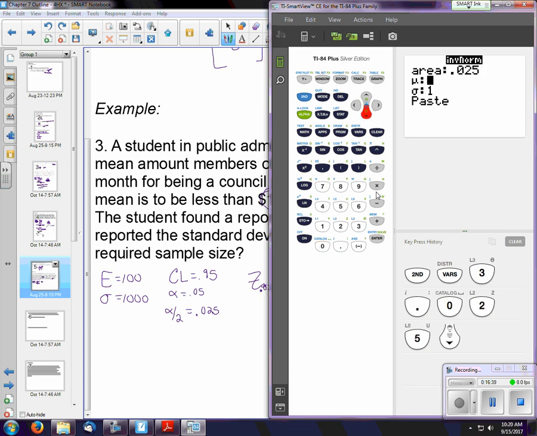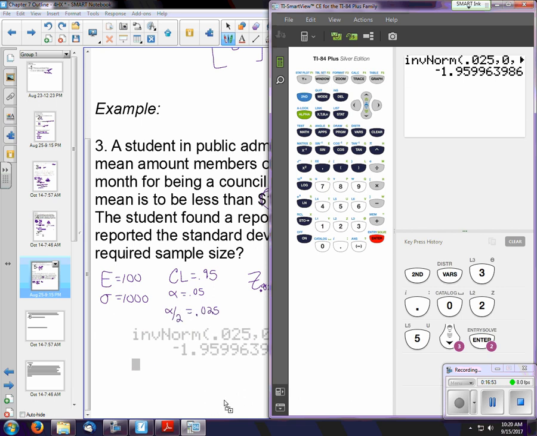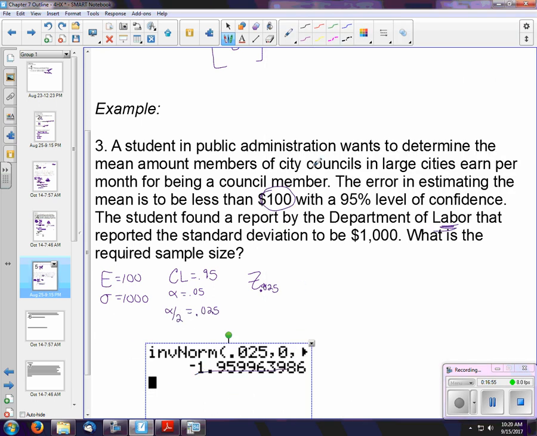And we still have a mean of 0, standard deviation of 1. Again, this is when you're dealing with just finding the z-score. So you'll notice that earlier when we did this on our table, we found a z-score of 1.96, which if we round here also matches what we just found. So those two things line up.